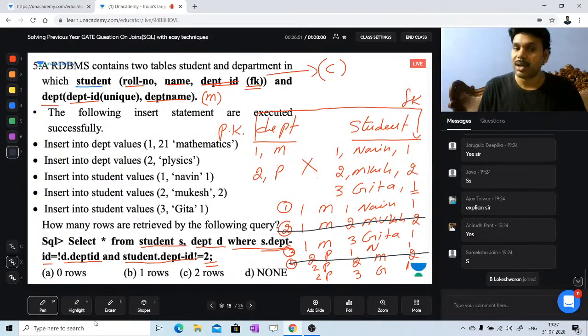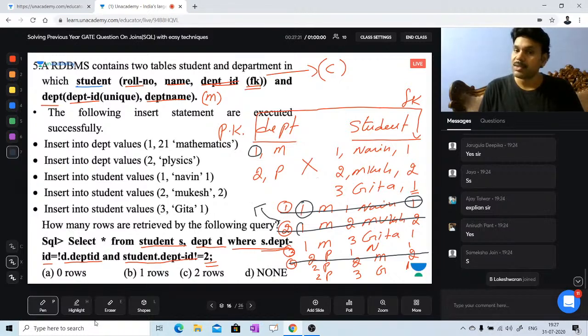Please understand, the student department ID not equal to 2, and one more thing he asked: S dot department ID is not equal to D dot department ID. Observe your department ID here, this is a 1, and here it also matches, so we want to eliminate this. And next one, this is department number 1 and this is not equal. So you can consider this row; afterwards we will eliminate, leave it.